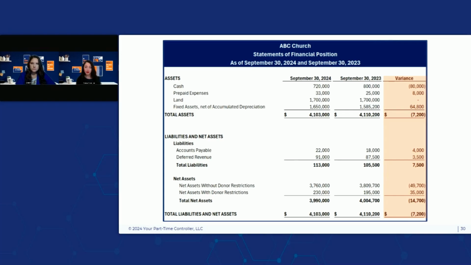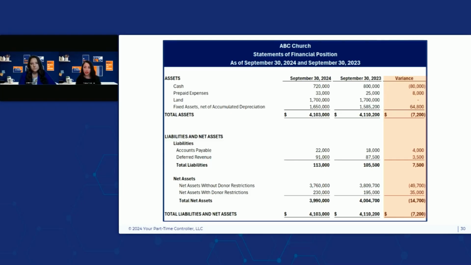All right, and then with this financial statement, last but not least, we can see here on the variance column how they're doing in comparison to prior year. So yes, we're sitting at a balance sheet of 4.1 million, but once we start putting in the budget numbers or the variance numbers where we expected we might be in comparison to last year, the total cash is 80,000 less.